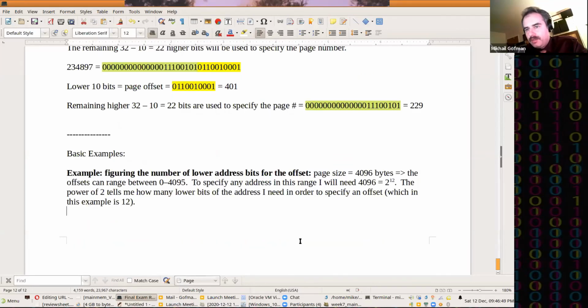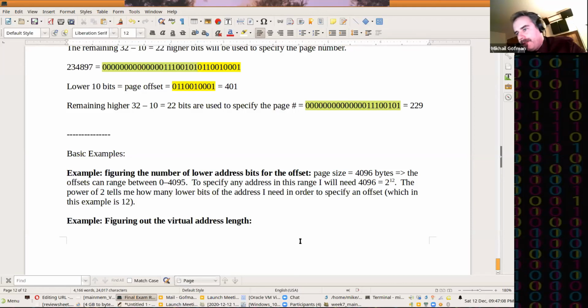So that's how you do it. And here's another example, figuring out the virtual address length. It can go something like this.